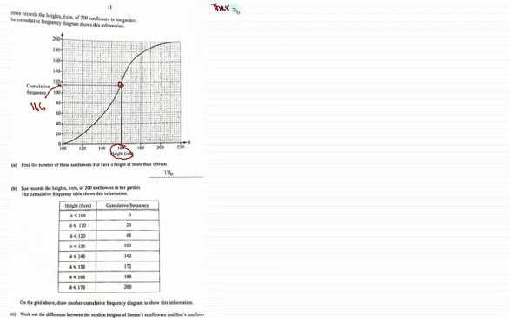There are 116 plants which are 160 cm or below. Okay, this is how you interpret this point here.